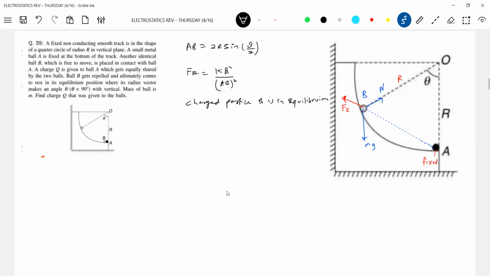What is the basic necessary condition for equilibrium? The tangential forces must be zero. Here again, that's the same idea. If this is theta, the tangential forces we have to calculate. So along the tangent, we should resolve all the forces here.